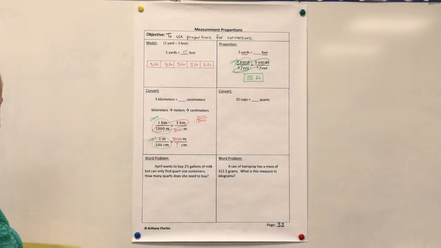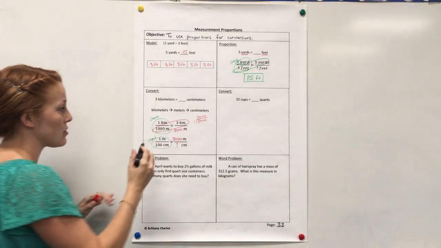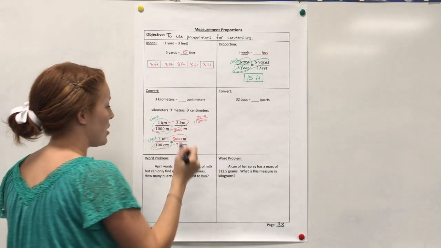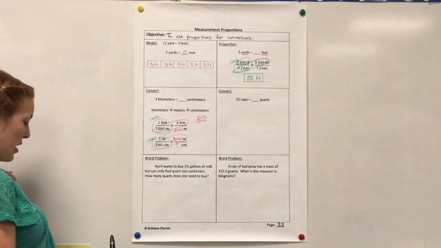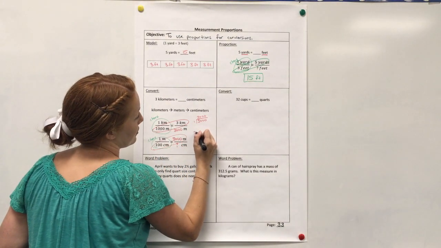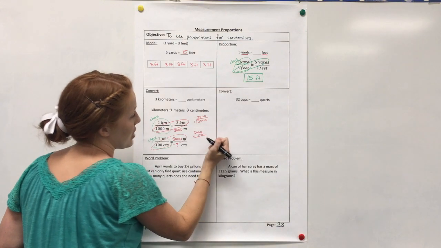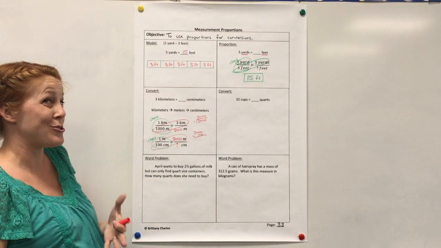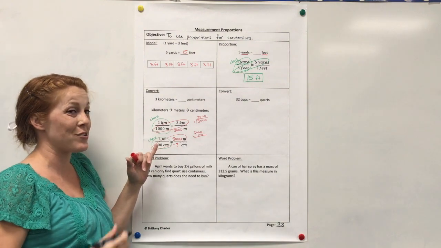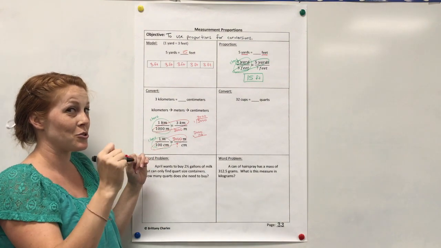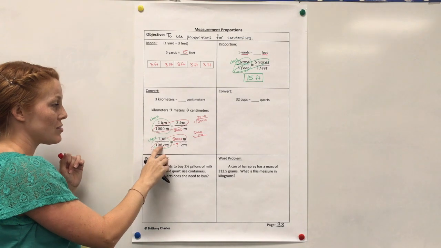Again, I'm going to use bat and ball to solve this. So 3,000 times 100. Now you can multiply this out, and you can also use your trick of, hey, we're multiplying by 100, so really I'm just moving the decimal 2 places because there are 2 zeros.